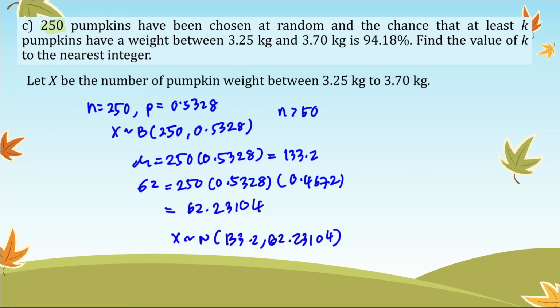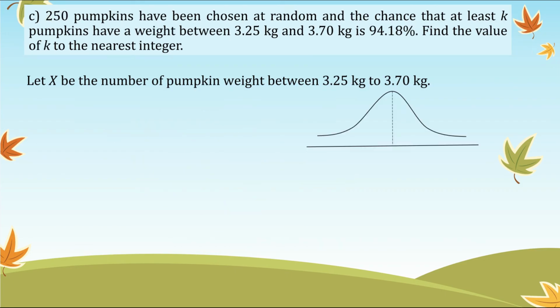Now let's proceed to find the value of k. So the question said that at least k pumpkins have a weight between 3.25 kilo and 3.7 kilogram is 94.18%. So at least, the symbol is greater than and equals to k. Equals to, we take the percentage as our probability, 0.9418.